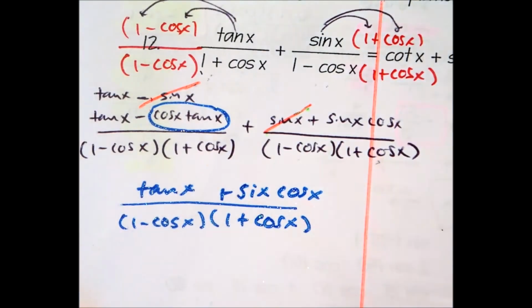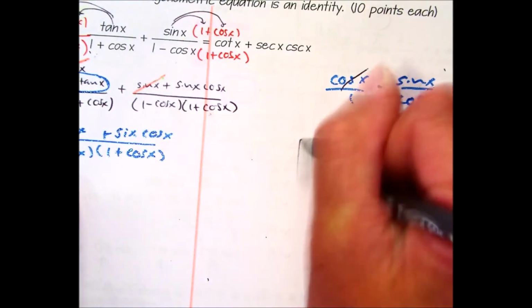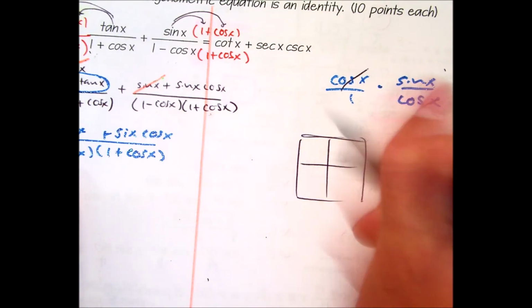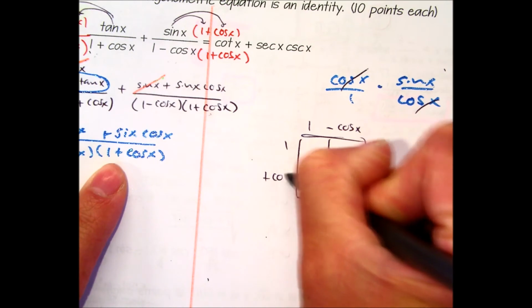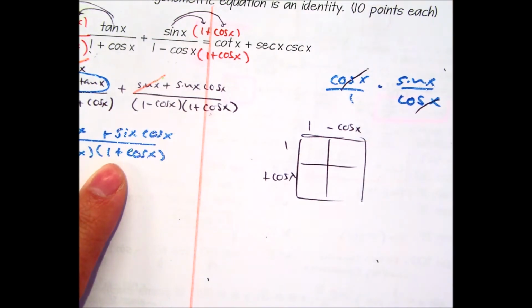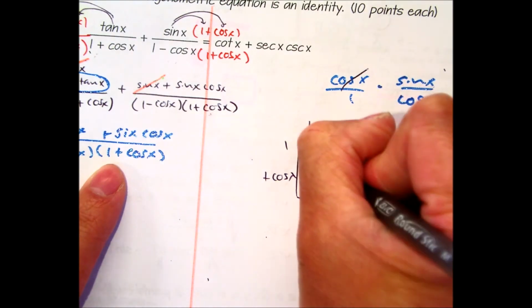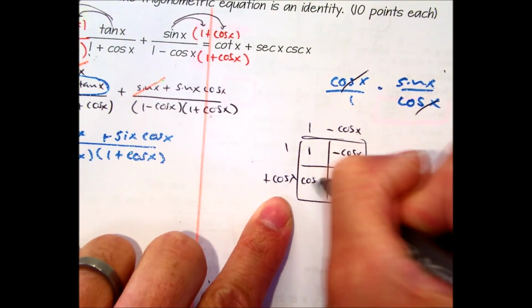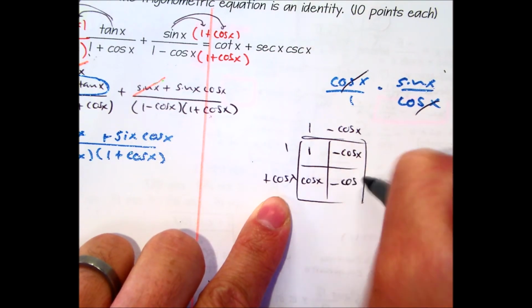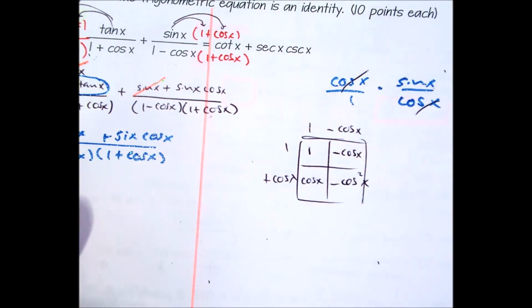Now if I multiply here the denominator, 1 minus cosine x, 1 plus cosine x, this will just give me 1, negative cosine x, positive cosine x, and a negative cosine squared x.